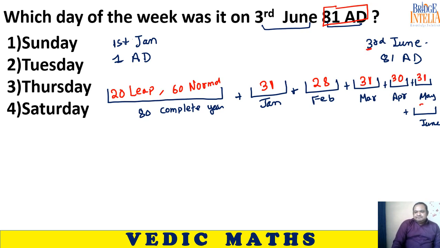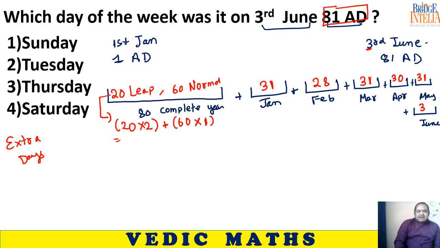Now let's focus on extra days. 20 leap years, each leap year generates 2 extra days. So 20 into 2, plus 60 normal years, each normal year generates 1 extra day. So 60 into 1. So 40 plus 60, 100 days. You can further divide this 100 by 7. Divide 100 by 7, 2 will be the remainder. So 2 extra days from here.